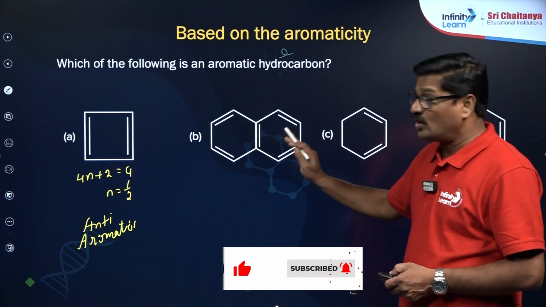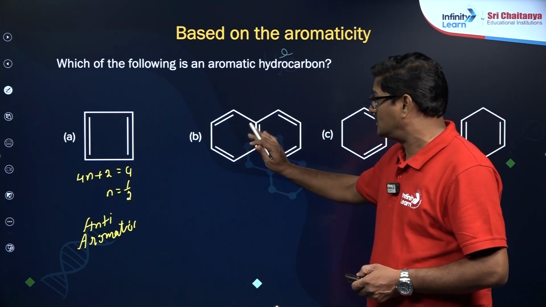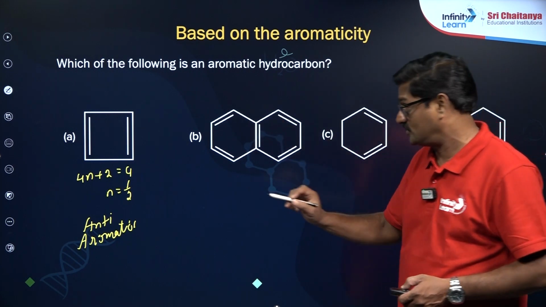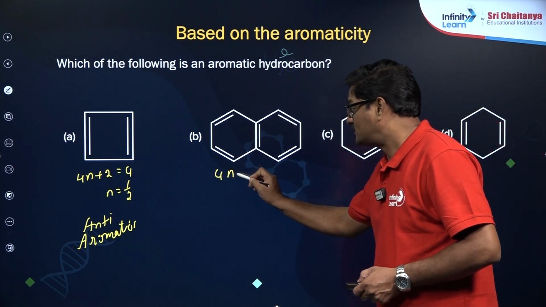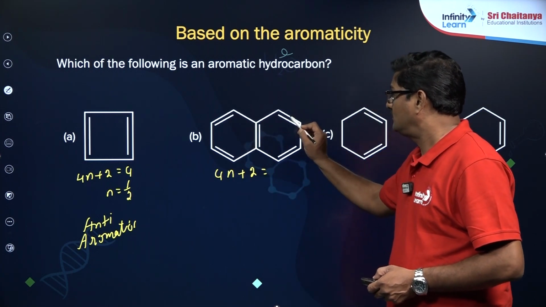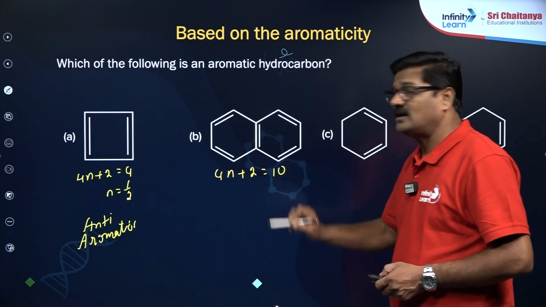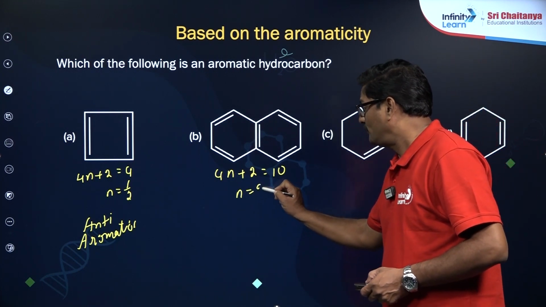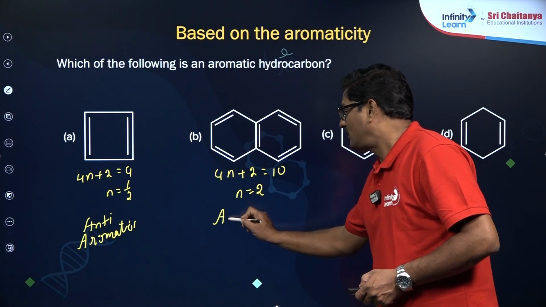Whenever you talk about this naphthalene structure, it is cyclic, conjugated and planar. For 4n plus 2, the total is 1, 2, 3, 4, 5, so a total of 10 electrons are there. When you solve this, n is going to be 2. So it is said to be aromatic.